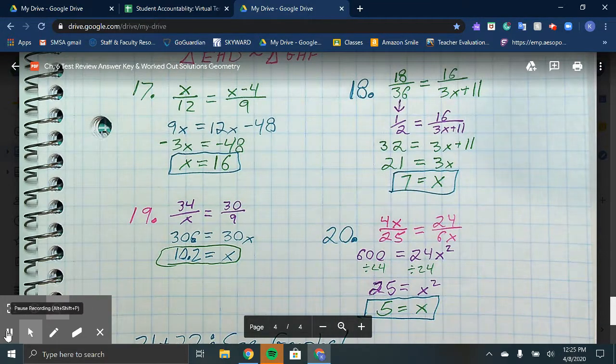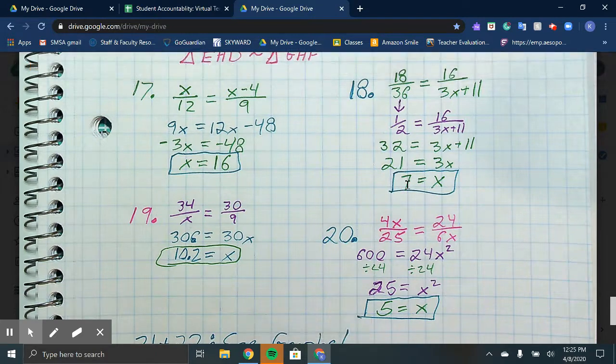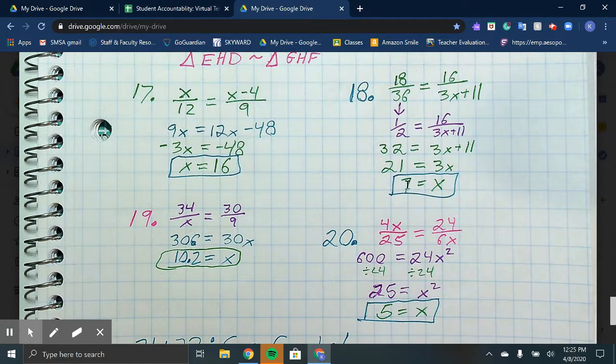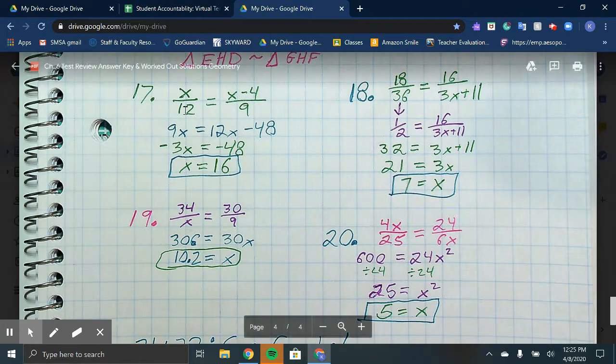Then with 17, 18, 19, and 20, they all want us to find the value of x. So all of these come back to being proportion problems. If I look at number 17, I was given the congruent angle in that bottom left. So I know that x can go with 12, so x over 12.